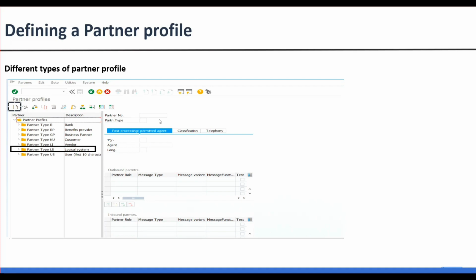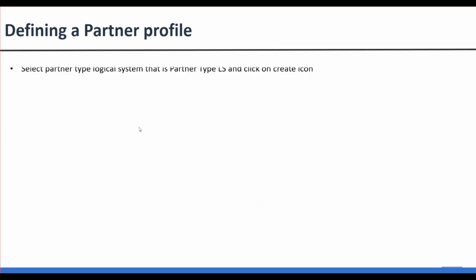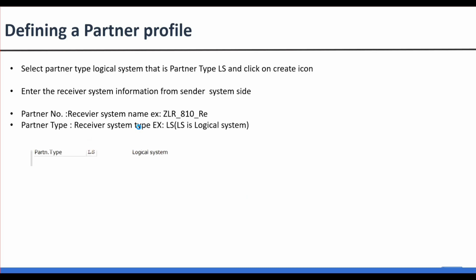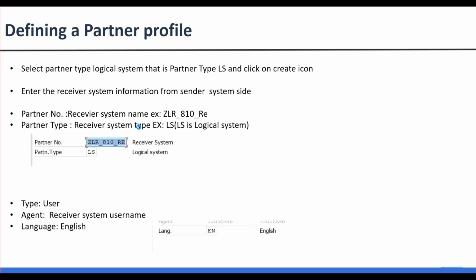This screen, which you see in disabled mode now, will become enabled. Here you can enter the receiver system name, the partner type LS, the user, the username and the language. Once you maintain these and click on the save button, your receiver system will be created and applied on the sender side.